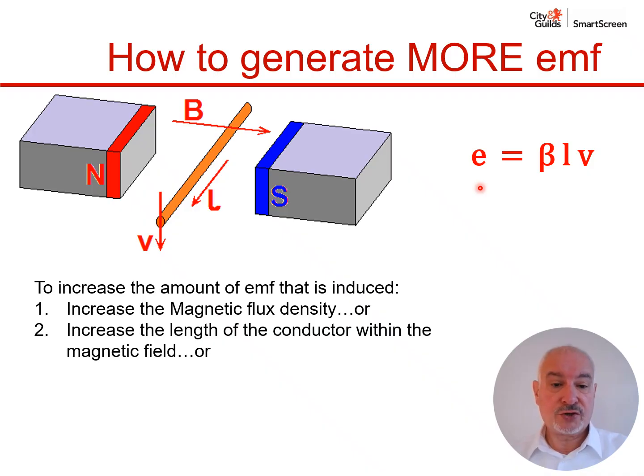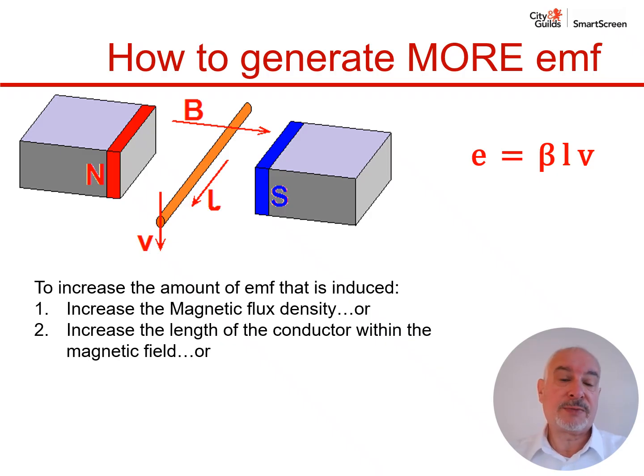On the other hand, we could increase the length of the conductor within the magnetic field. Now, it's important to understand at this point that it's the length within the magnetic field. The conductor itself will almost certainly be much longer than the part that's within the magnetic field.